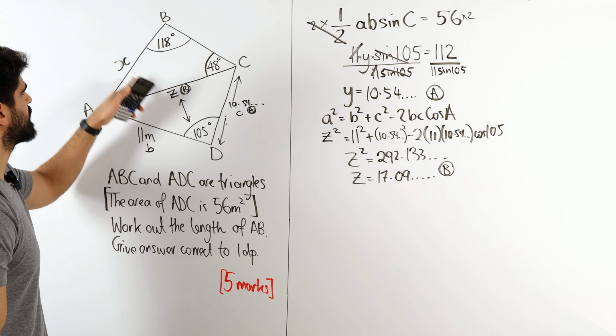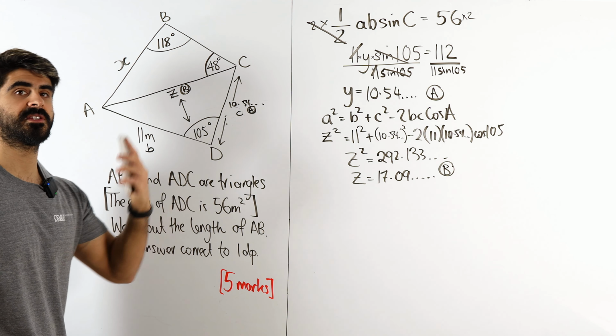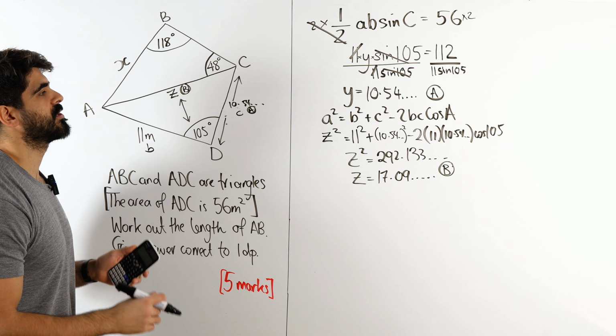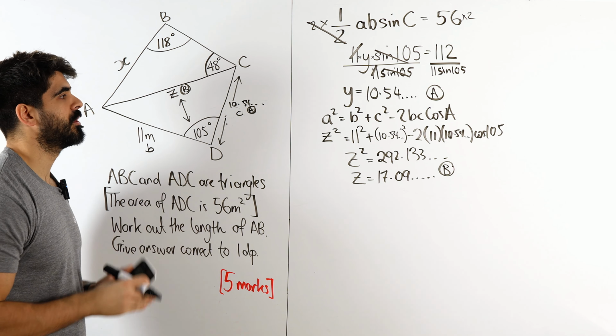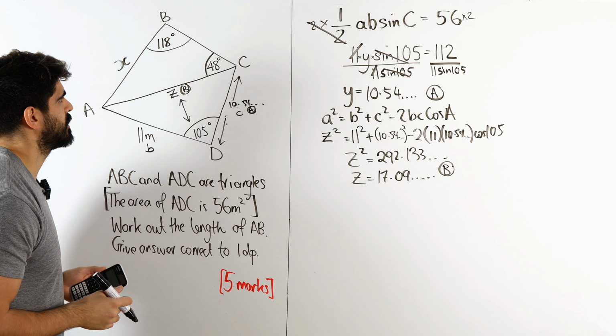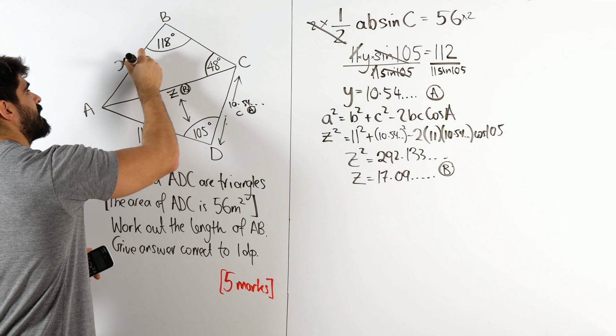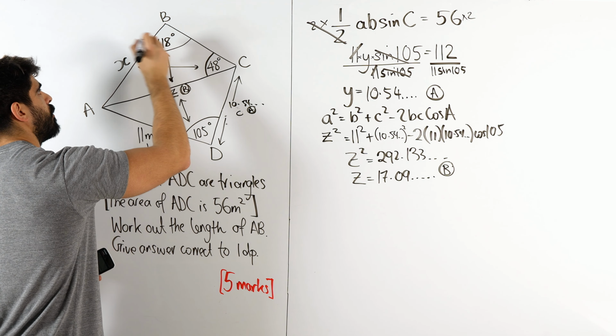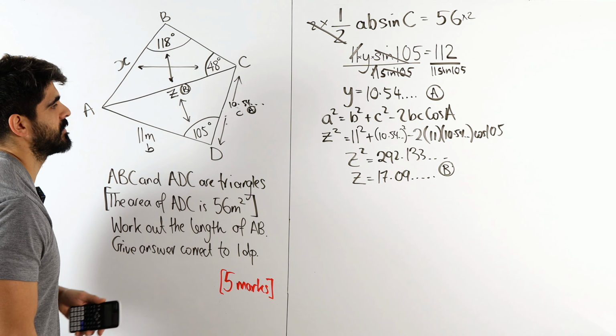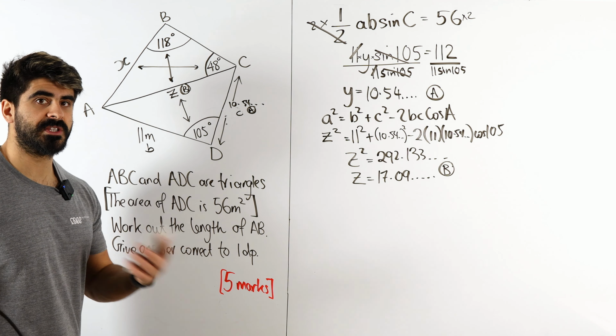Now that we have this, how can we work out x? Well, this is the sine rule. The reason this question is so difficult is because we're literally using every single formula for trigonometry that we learn at GCSE. So x is opposite the 48, and we have 118 opposite z. Now we're trying to find the length. What does the sine rule tell us?